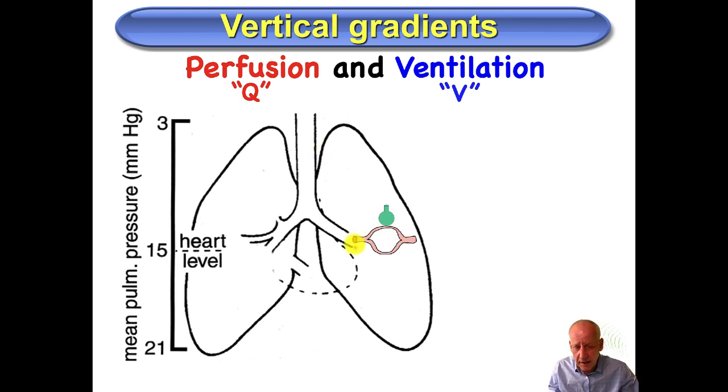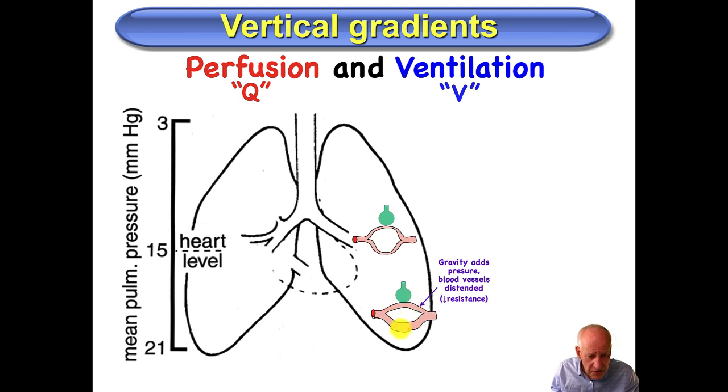When we stand upright, arterial pressures in the center of the lung, at the level of the heart, are about 15 torr, as shown in this graph. But owing to the effect of gravity, the pressure in the base of the lungs rises to about 21 torr. And this extra pressure causes these high capacitance pulmonary vessels to distend, lowering their resistance further and increasing flow through the base.